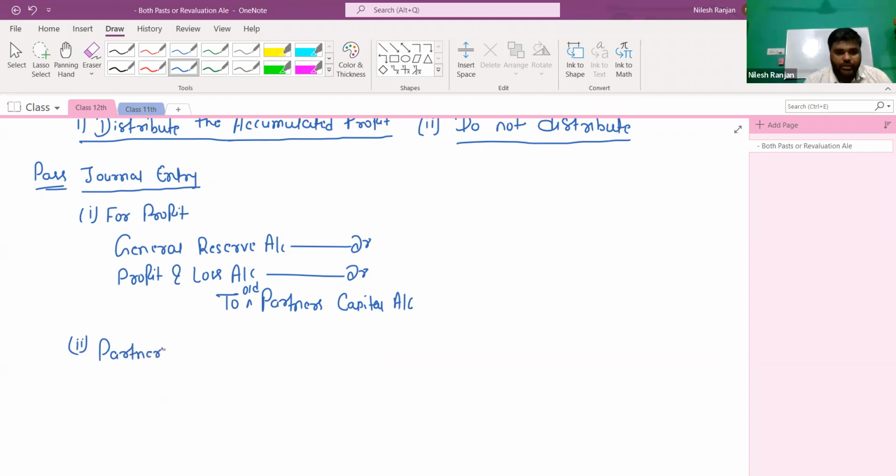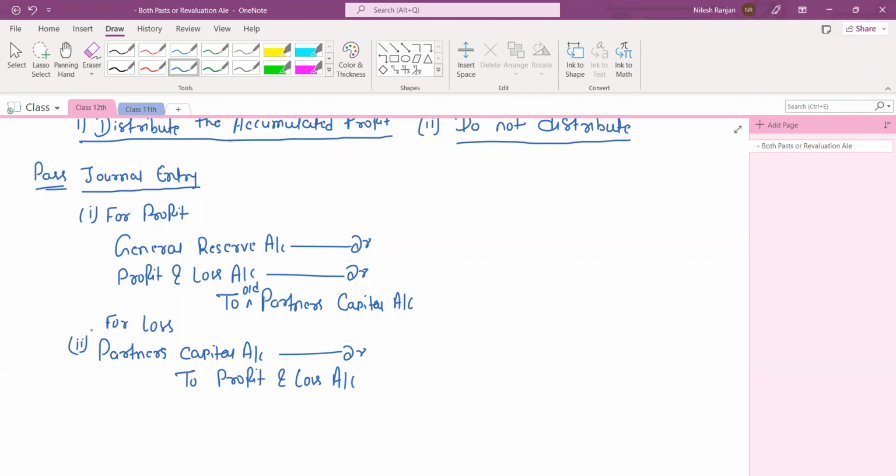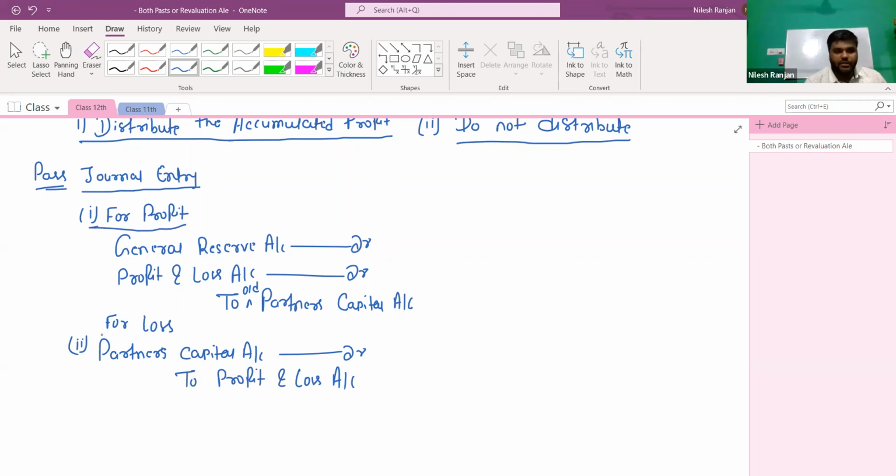That's why the partners' capital account will be debited: partners' capital account debit to profit and loss account. So this is for loss. If there is profit, then this entry. If there is loss, then this entry.